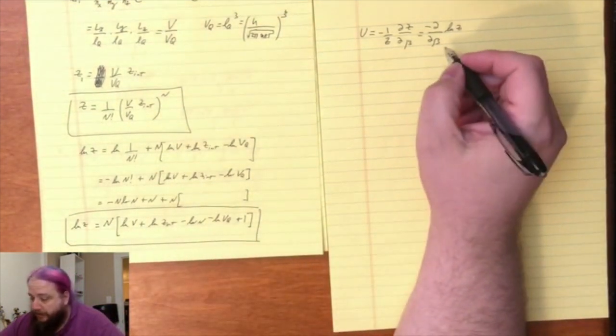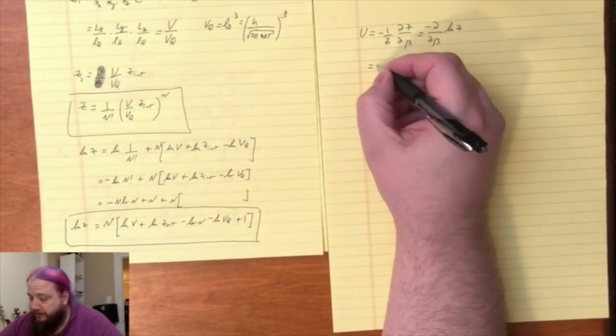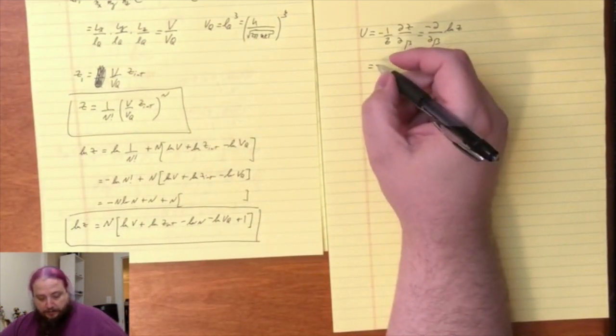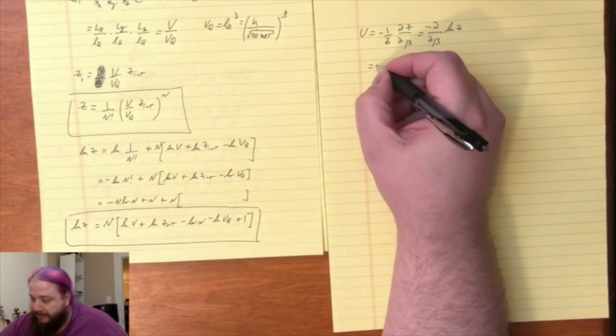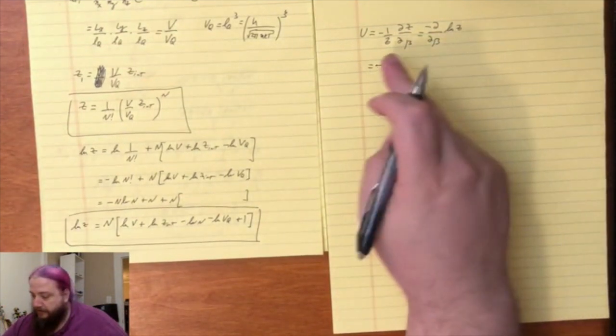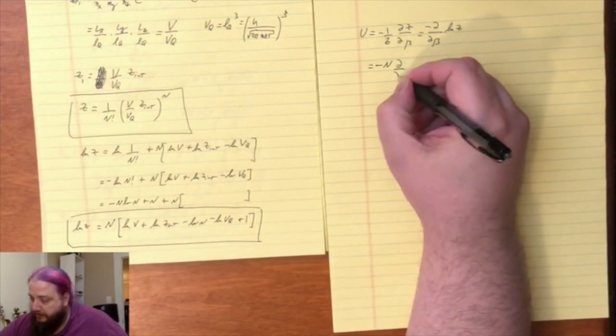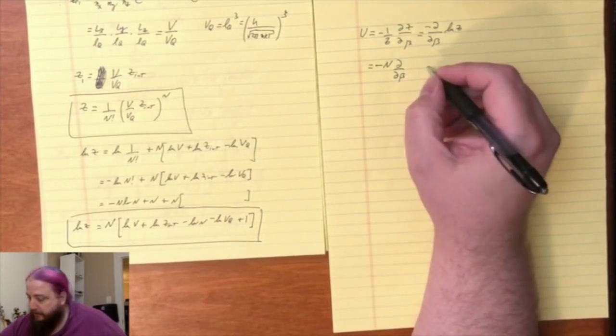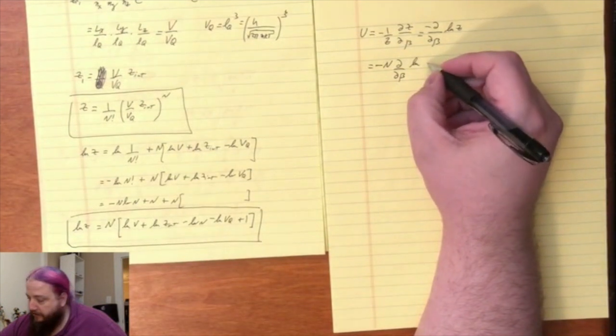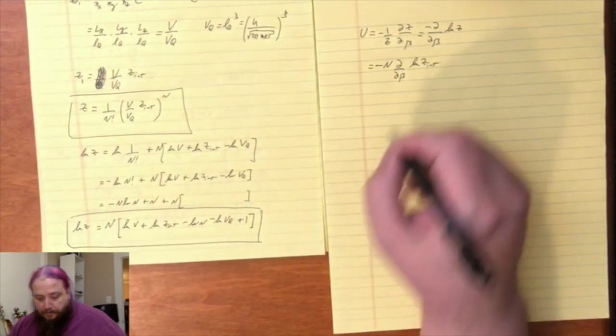So this energy here is going to be minus N times the derivative with respect to beta of log z interior.